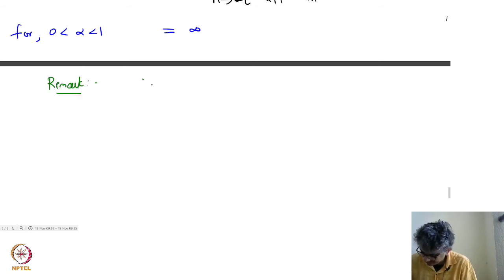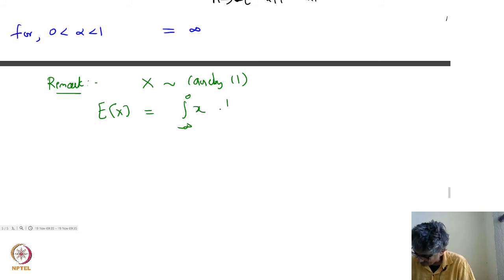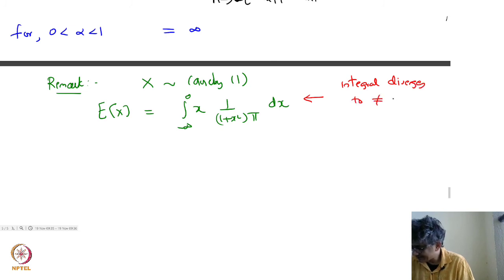One could check: if X is Cauchy 1, like we did before, then we know that E of X is the integral from minus infinity to infinity of x times 1 by pi times (1 plus x squared) dx, and one can check that this integral diverges. It goes to neither plus infinity nor minus infinity.